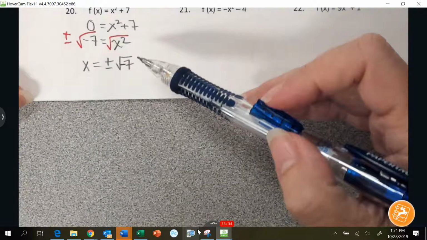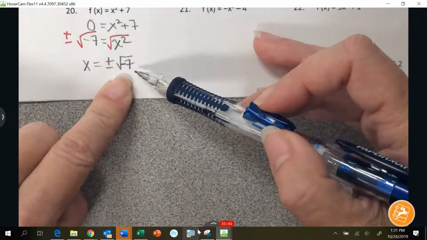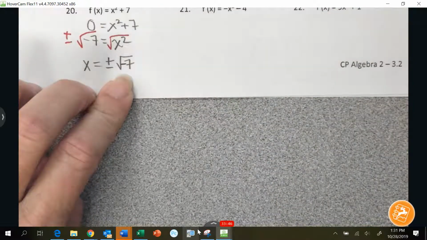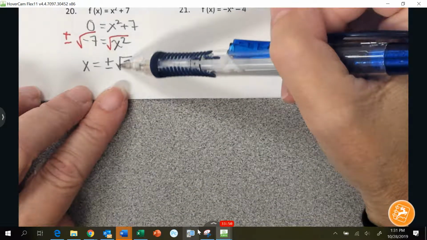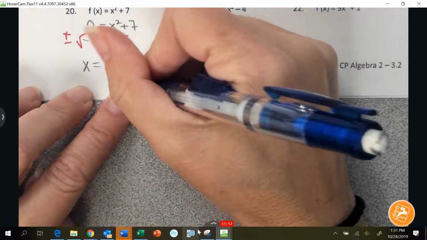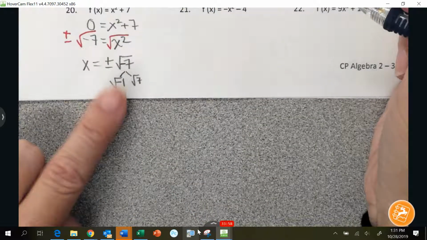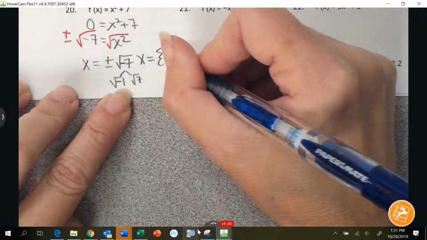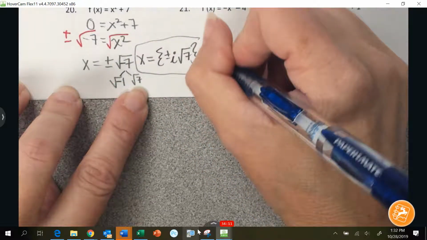Dakota, can I leave it as square root -7? Can I leave the negative underneath? Break it down. When I break it down, I have square root of -1.